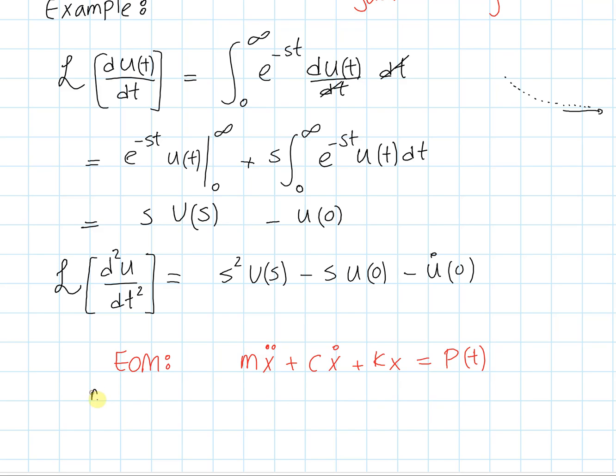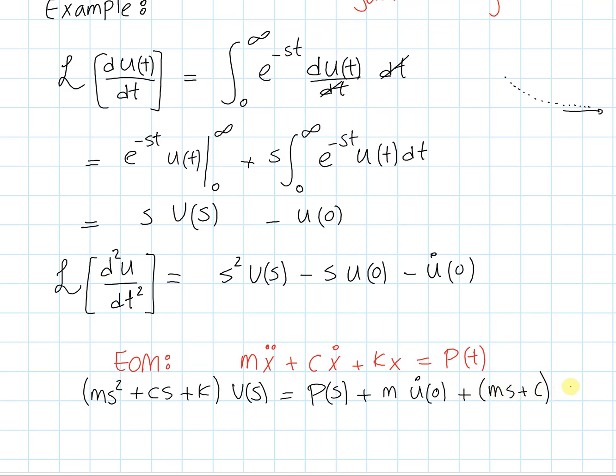So I have m s squared plus cs plus k, times U(s), and lastly we have ms plus c times u0. There it is.